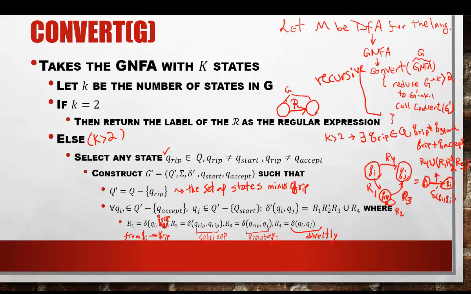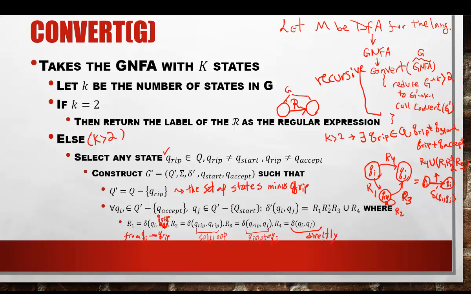And we do this for every pair of states in which the first one is not the accept state, and the second one is not the start state. And we go over and perform these modifications and alterations of your transition arrows to form the new GNFA with one less state.